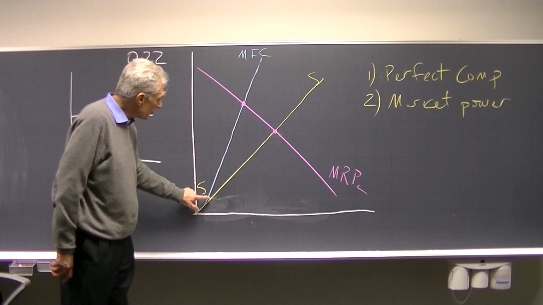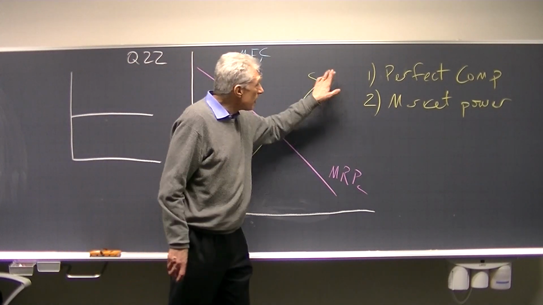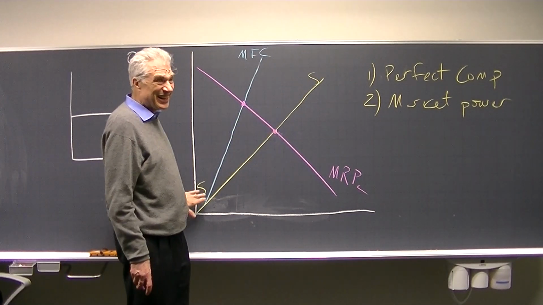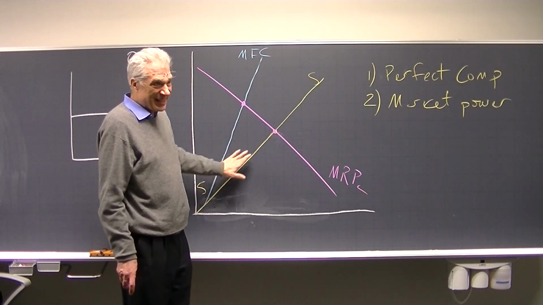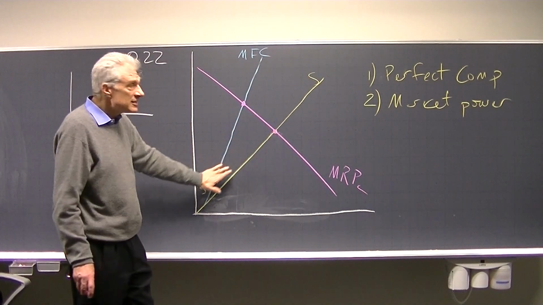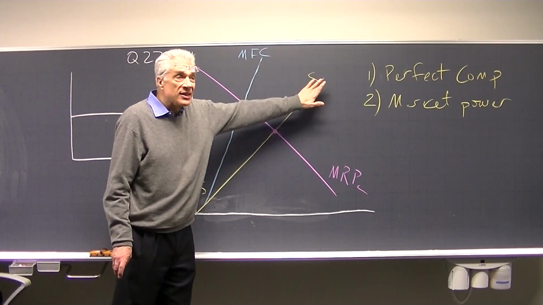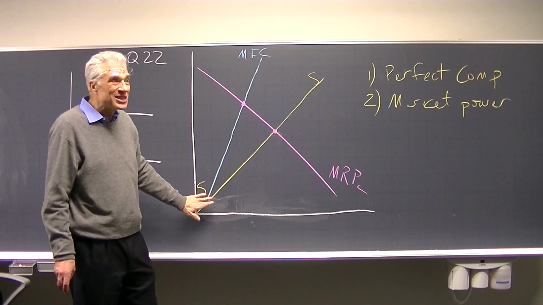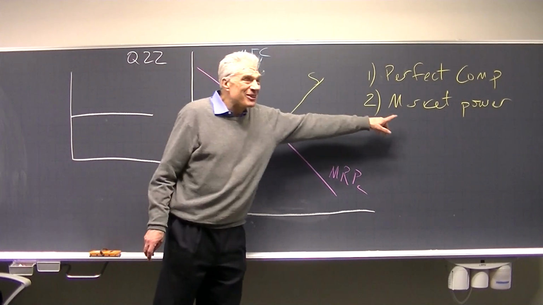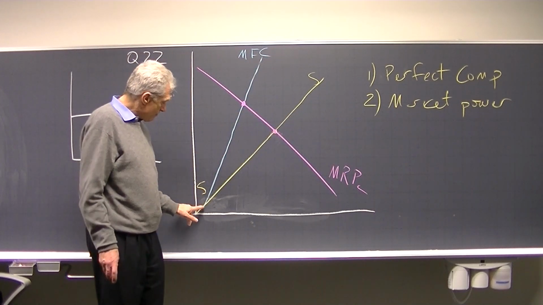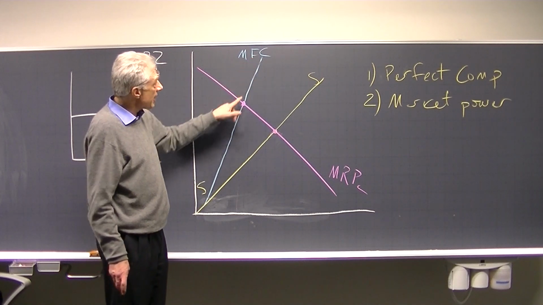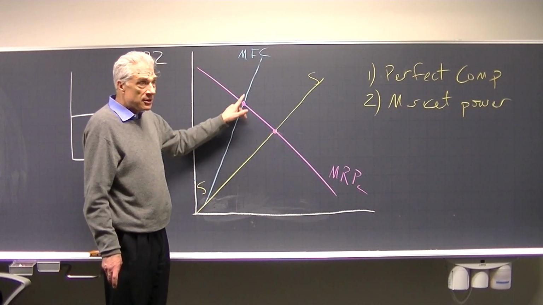That's why the marginal cost for the firm with market power is not on that line. Do you see it now? It's not on this line. This does not represent the marginal cost curve for a firm with market power, because their marginal factor cost varies.